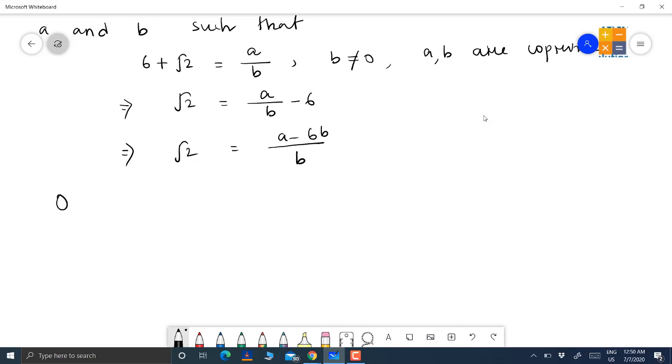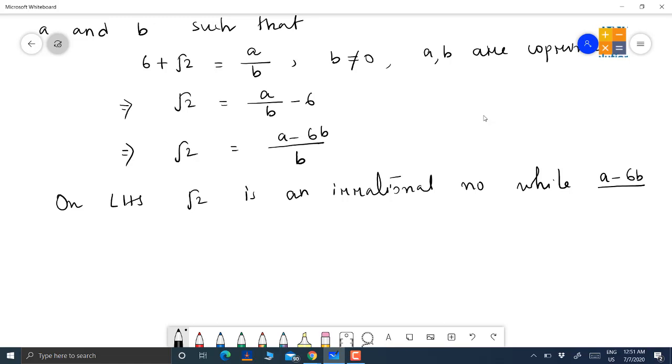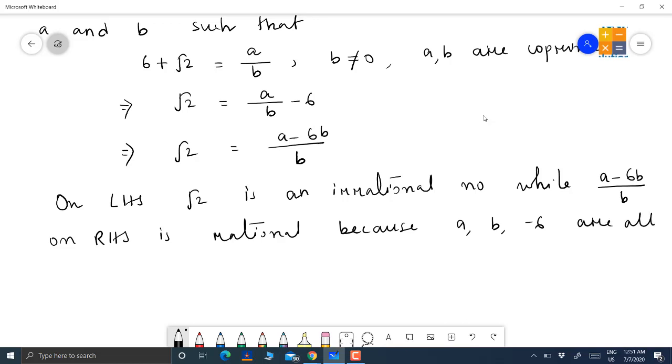So what can we write? On LHS, √2 is an irrational number, while a minus 6b by b on RHS is rational, because a, b, and minus 6 are all integers.